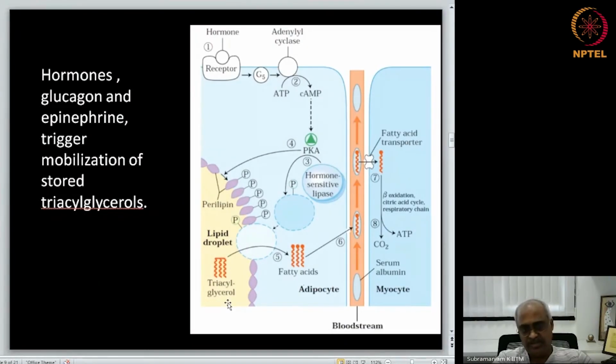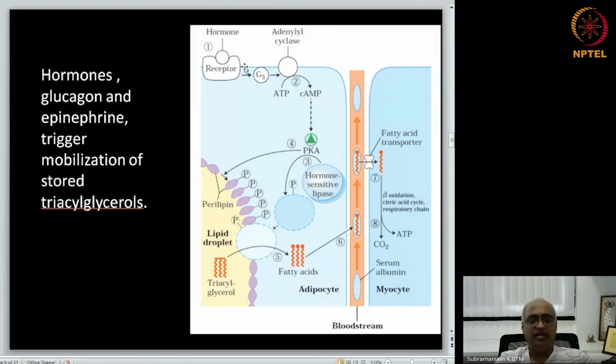In addition, in that outer layer you have this protein perilipin, and this perilipin is the one that prevents access for this lipase to the triacylglycerol. So as long as this perilipin is present, it is not going to allow this hormone sensitive lipase to act on the triacylglycerols, and instead they will remain in the stored form.